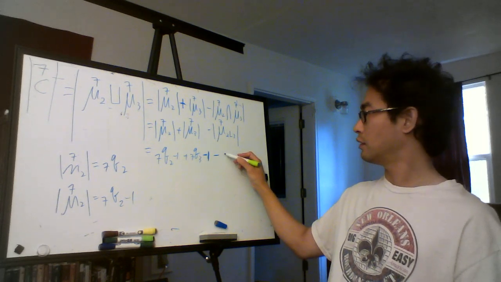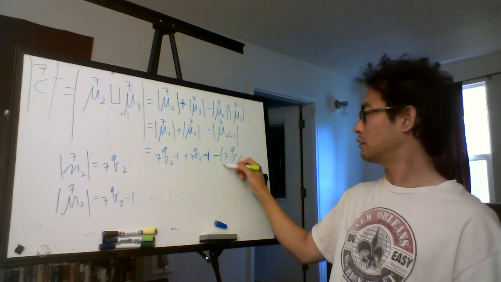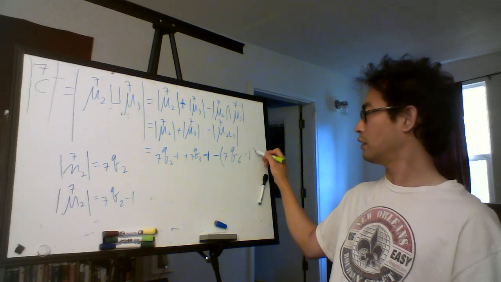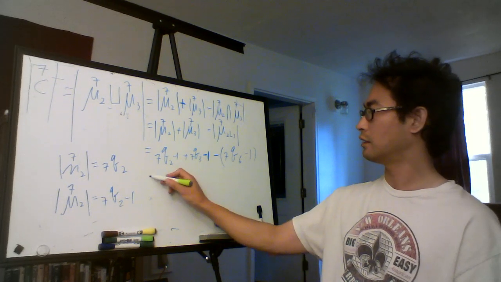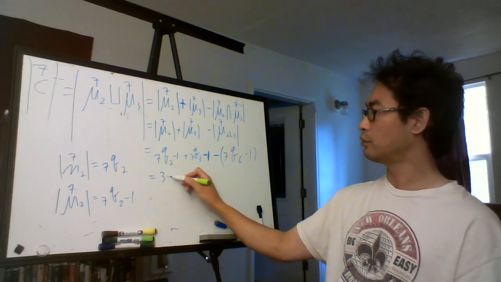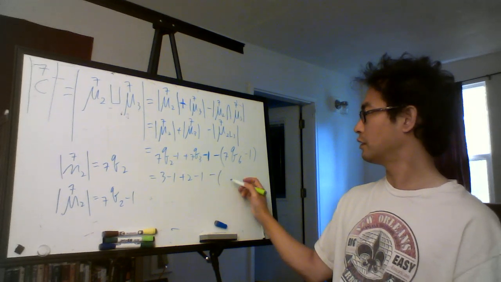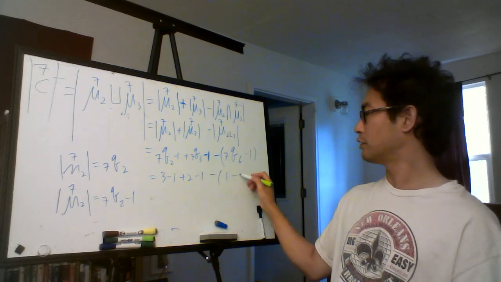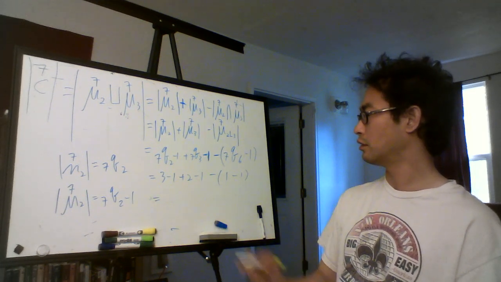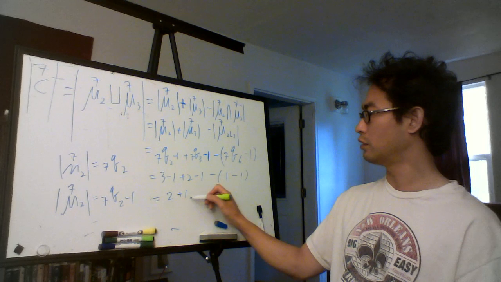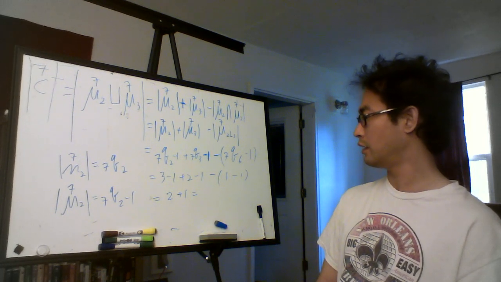Okay, so 7 quotient 6 minus 1. Okay, what's that? 3 minus 1 plus 2 minus 1 minus 1 minus 1. Okay, what's that? 2 plus 1 is equal to 3.